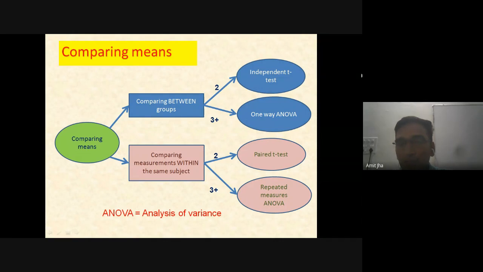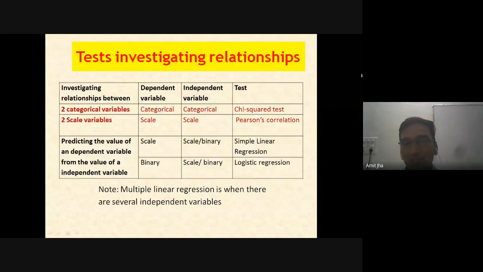For comparing measurements within the same subject, if the comparison is between two, we go for a paired t-test, whereas repeated measures ANOVA is used for comparisons within the same subjects. So this is what I have presented.